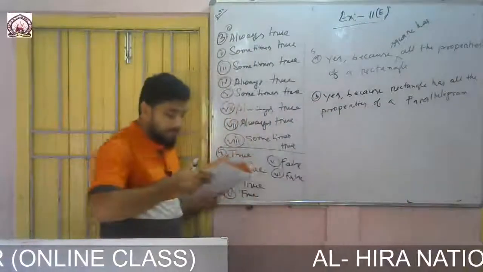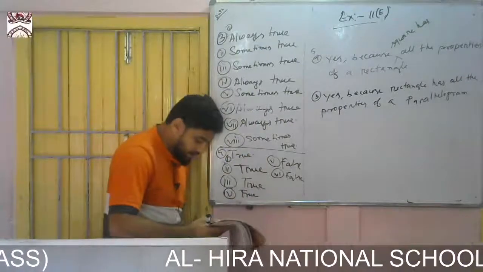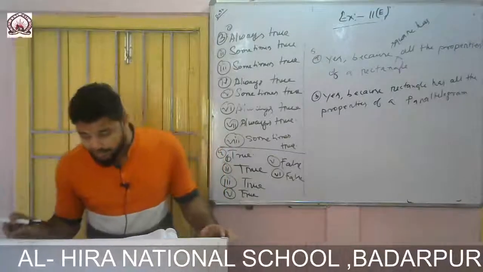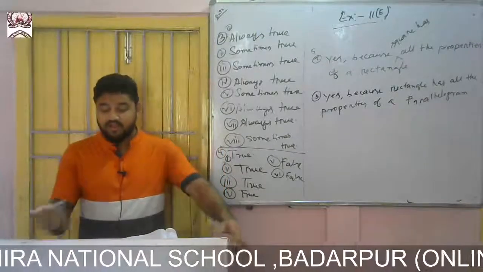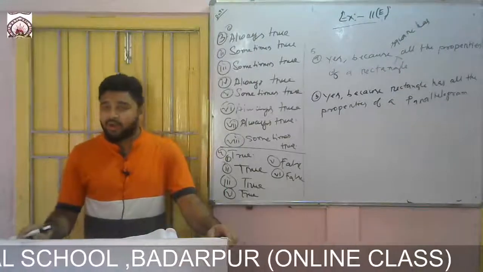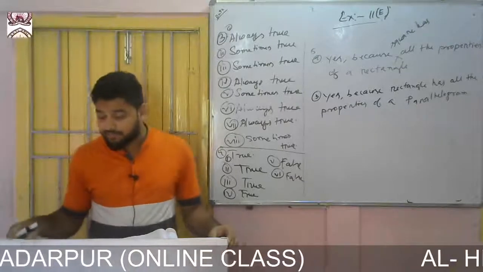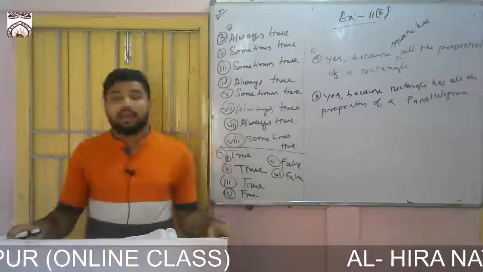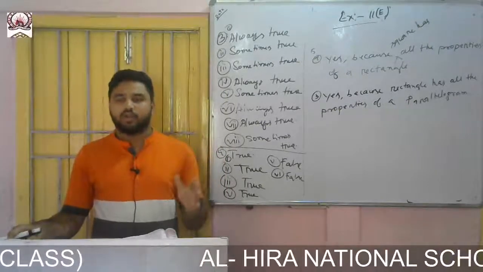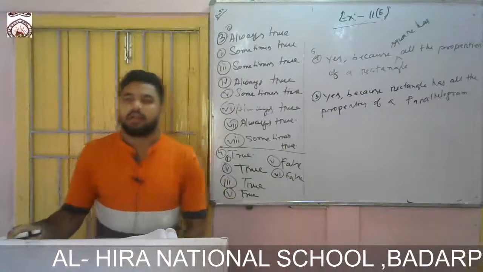Now come to C. A square can be thought of as a special rhombus. Yes. Because why? In a rhombus, all the sides are equal. And in a square, all the sides are equal too, and the sides are parallel to each other.